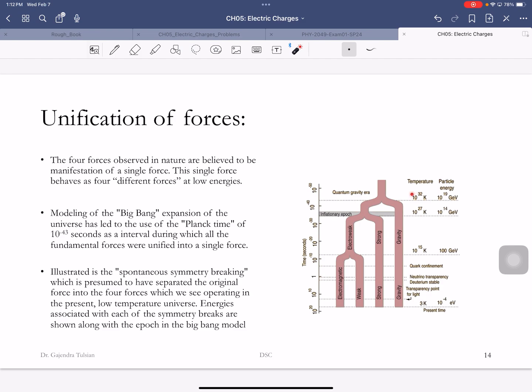When the universe cooled down to that temperature, the electroweak and strong force separated from gravity. When it cooled down further, the electroweak and the strong separated. When it cooled down further, the electroweak separated into electromagnetic and weak forces. At these temperatures, you see them as 4 different forces.